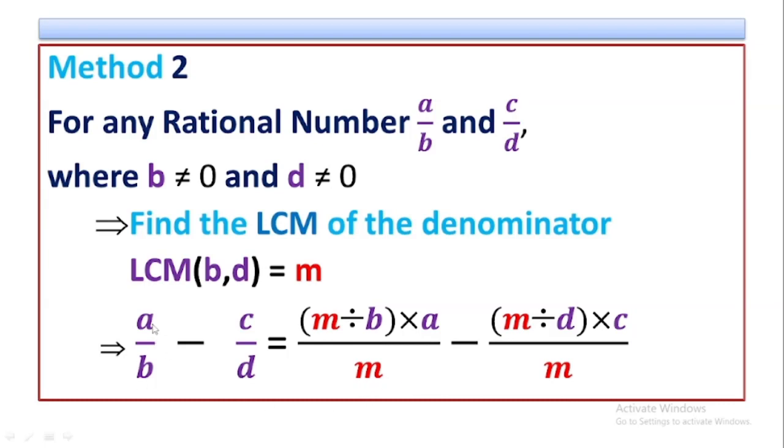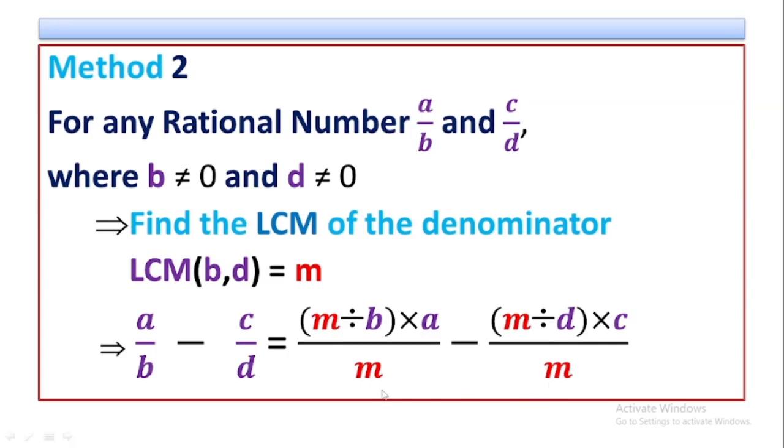That means if b and d have LCM m, we use m divided by b times a, minus m divided by d times c, like this.